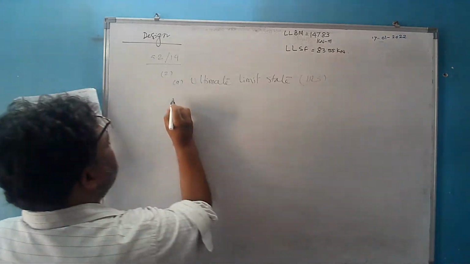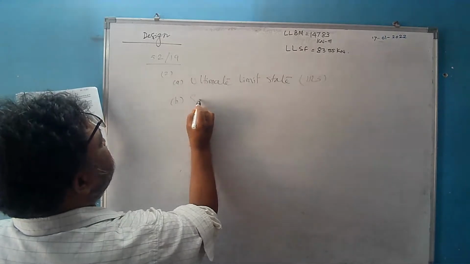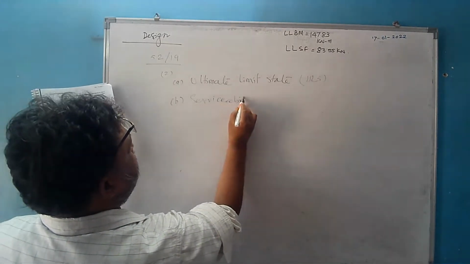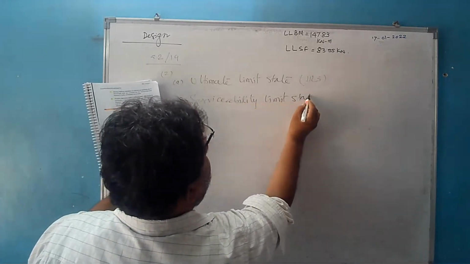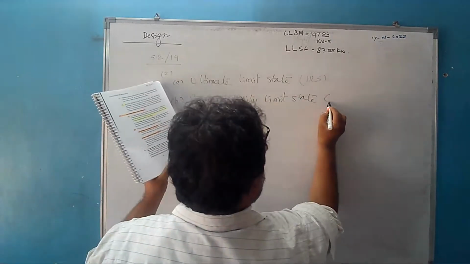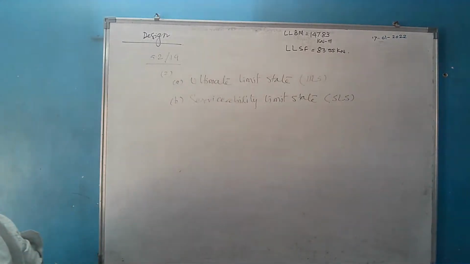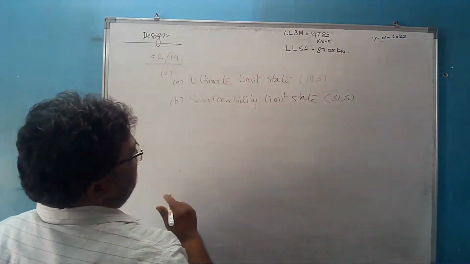Second is the serviceability limit state, abbreviated as SLS. As in the limit state method, basically there are two types of limit states, so here also two types are given. The ultimate limit state, ULS, is the same as the limit state of strength.